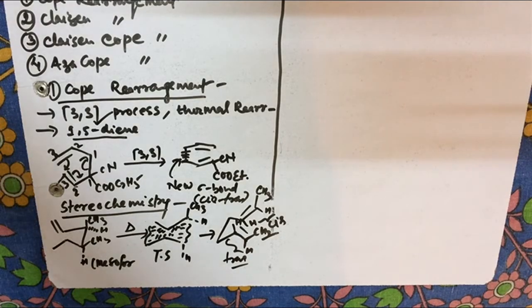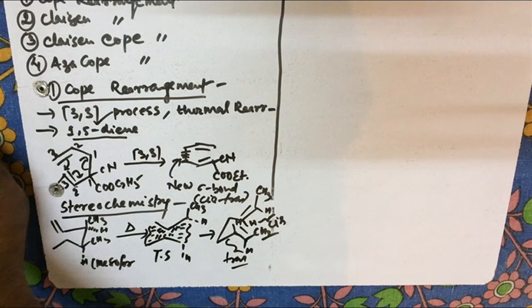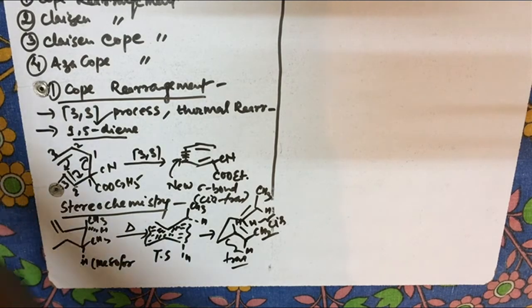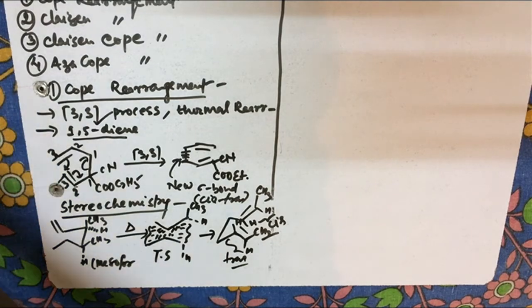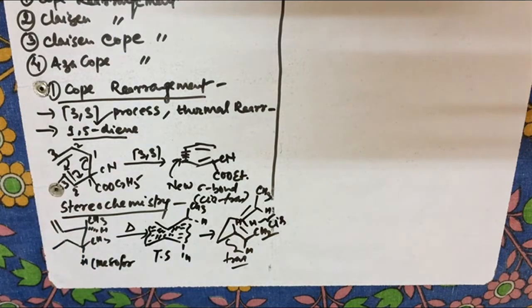Now I will discuss the Claisen rearrangement. What is the Claisen rearrangement? Claisen rearrangement is number 2.